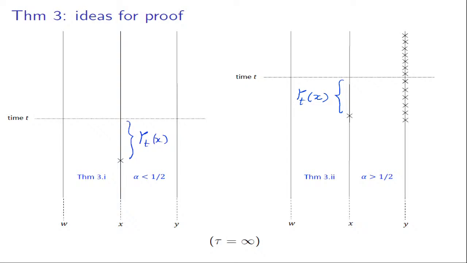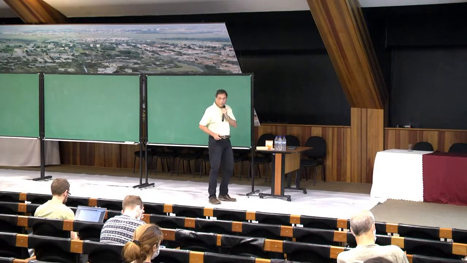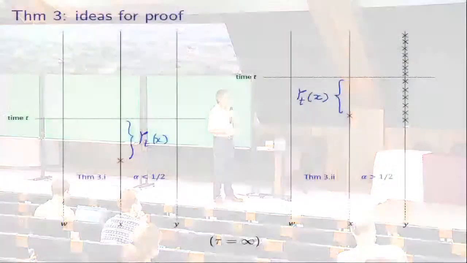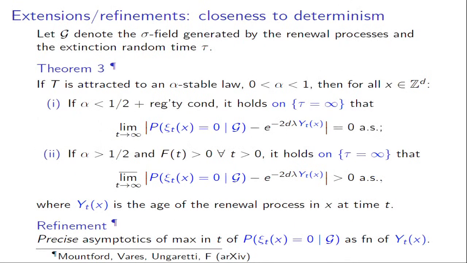So if there's a bond from any neighboring site, it will infect X. So the condition of having no contact bonds here is also necessary, right? And that's where you get this expression from. This is just the probability of having no bonds incident on X. So you have 2d bonds from the nearest neighbors, and all of them have to be absent.